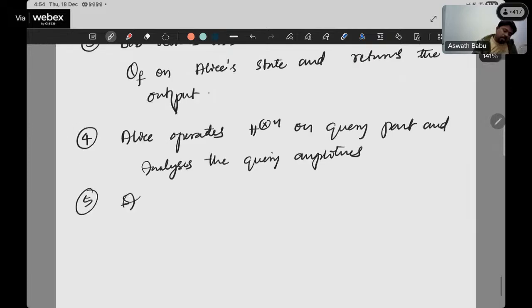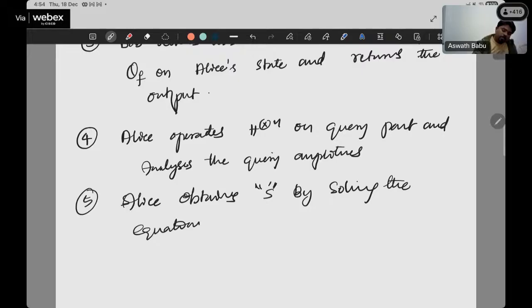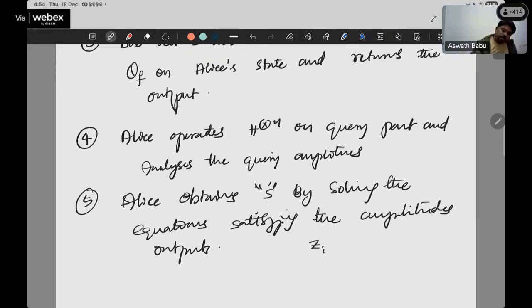Alice obtains S by solving the equations satisfying the amplitude outputs. So what are those? Z dot S equal to 0. Those equations are solved, and from there she gets S. So this is Simon's algorithm.